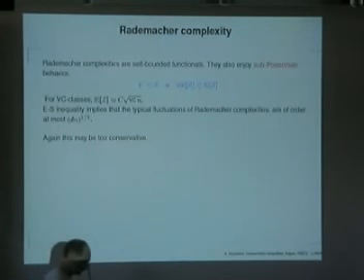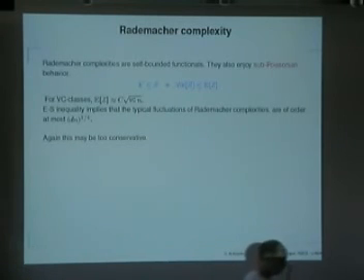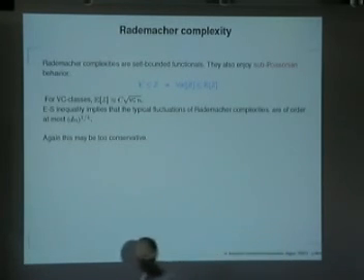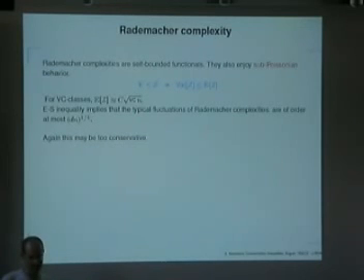So then ask yourself, what does it mean if we have a VC class, a class with VC dimension bounded by D? It means that if you make nice usage of the union bound and of chaining arguments, you will be able to check that the expectation of the Rademacher complexity is of order square root of the VC dimension multiplied by n.